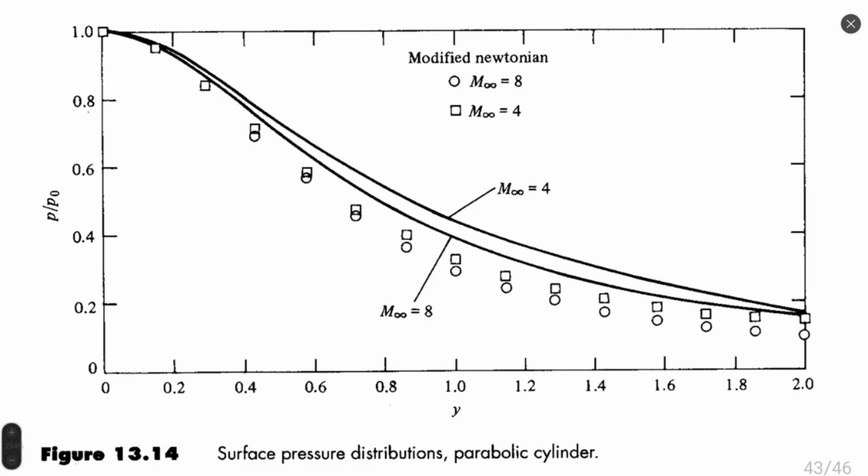Newtonian method is an empirical or approximate method allowing to calculate pressure distribution on cylindrical bodies or bodies which are having mostly pressure drag, let's say. Okay, we see that for simulation and empirical approximation by Newtonian method, results could be close, not exact, but close.